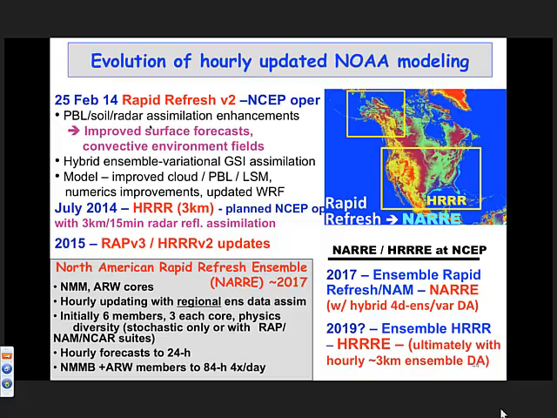I have a question about the aircraft soundings. Sure. So at what point does the weight of the aircraft sounding data supersede the satellite soundings? Because typically the satellite soundings get worse and worse as you get closer to the ground. So at what level does the aircraft sounding have more weight?